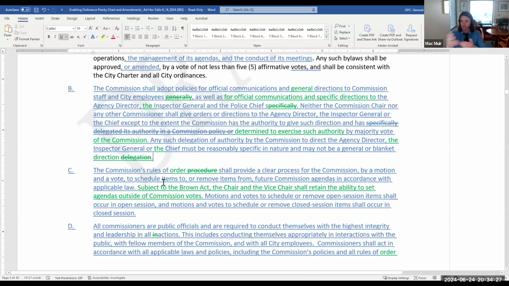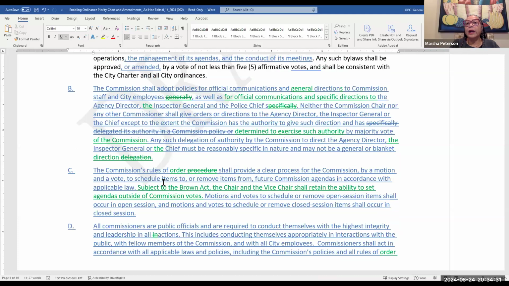If it's not circulated in a meaningful way, then you have an issue. So the question is whose responsibility is that? And also if a commissioner is having conversations and not informing the chair or the rest of the commission, that could be a problem. So that'll be addressed in the policy that we'll have to adopt.